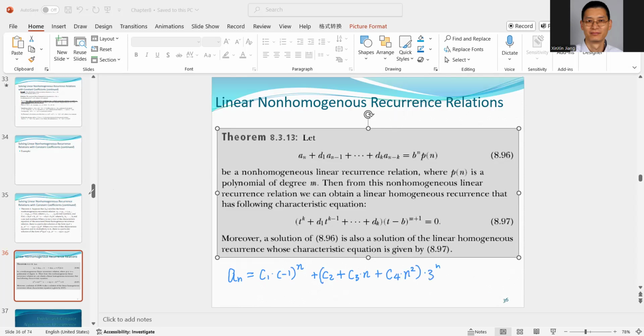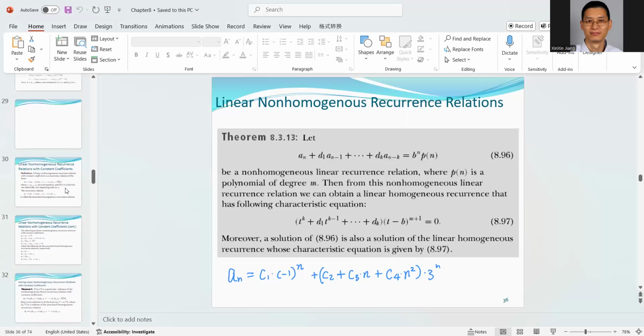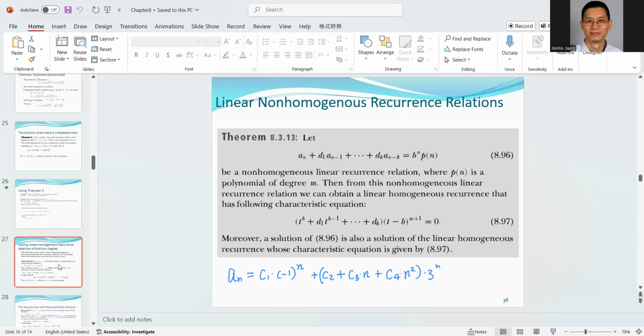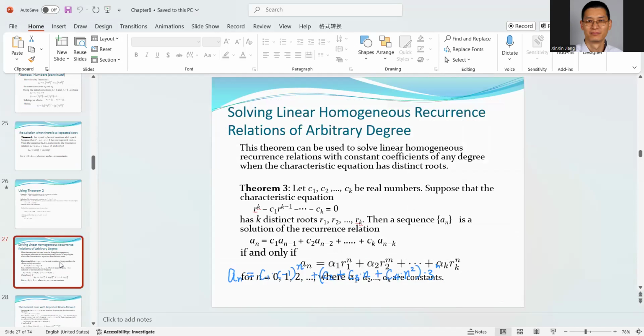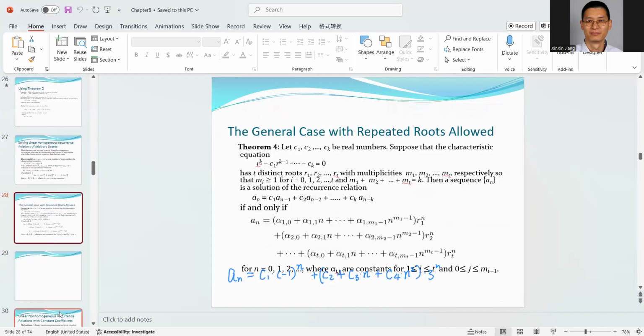Okay, so this is one of the theorems from earlier. Let's see if we can find that one. Right, that one is without multiplicity. With multiplicity, we have this theorem. You can see we have two roots, r1, which is -1, and r2, which is 3.